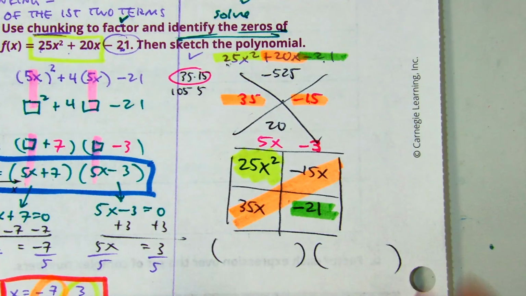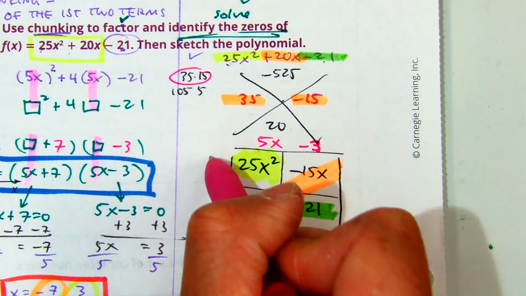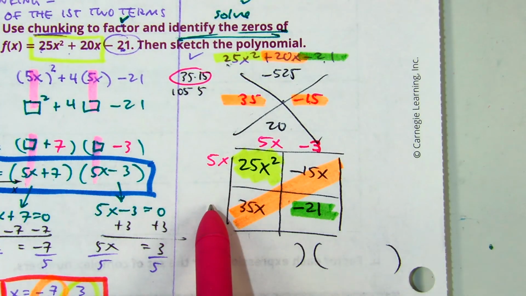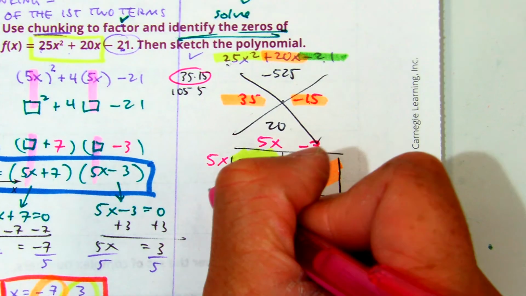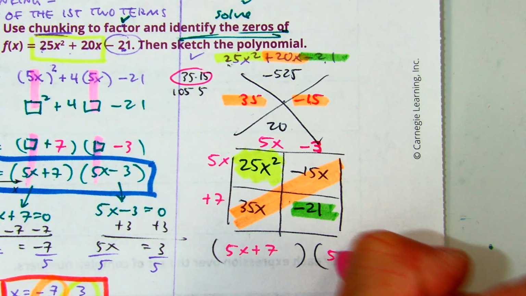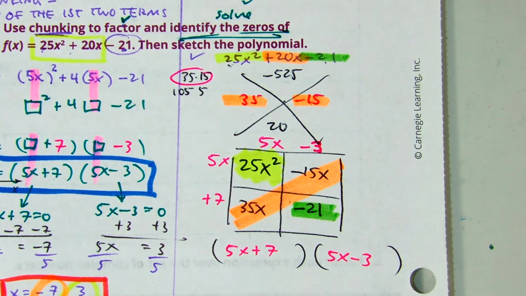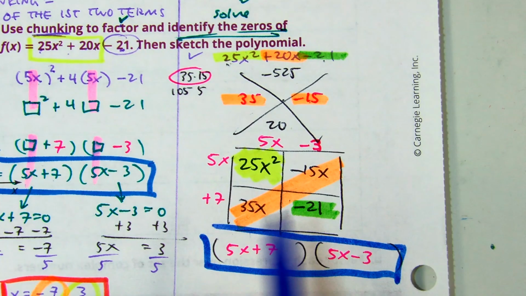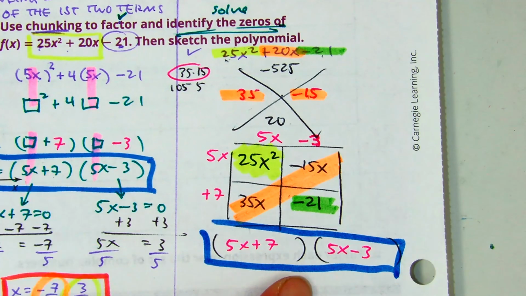Yep. 5x times 5x is 25x squared. So we have 5x plus 7 and 5x minus 3. Oh, look at that. It's the same. Oh, that's crazy.